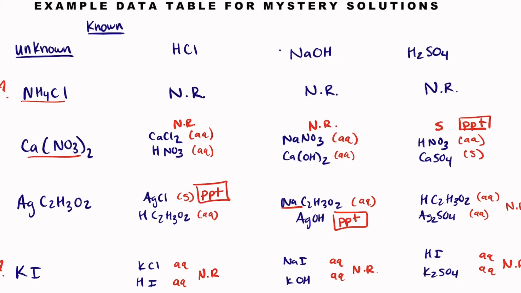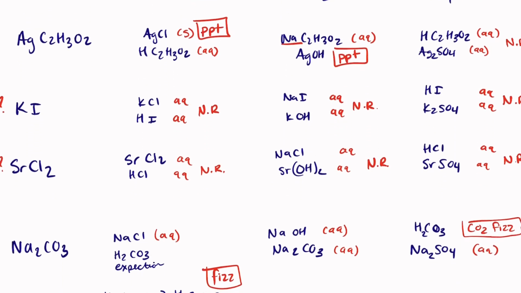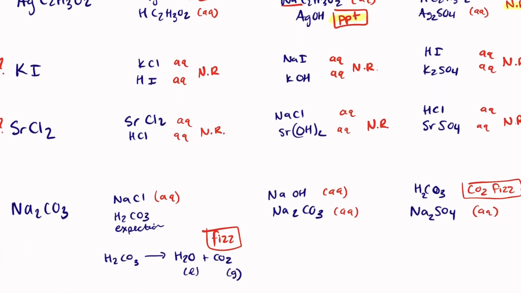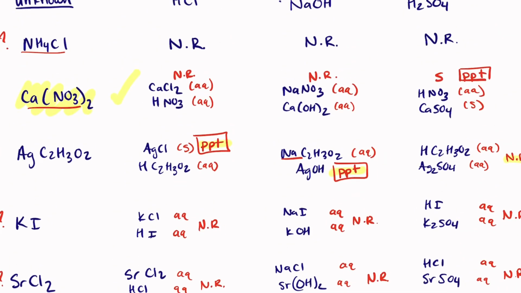Calcium nitrate is no reaction, precipitate. Let me make sure I have nothing that goes in that order. I do not. So this guy is good. Silver acetate is precipitate, no reaction. I do not have any others that yield that same combination. So this guy is good.